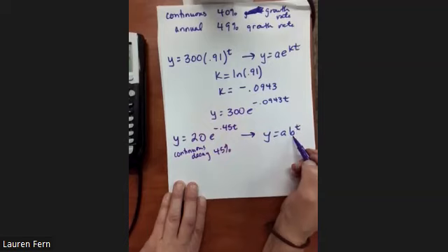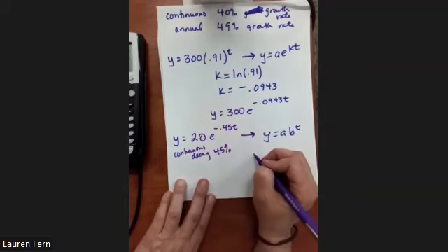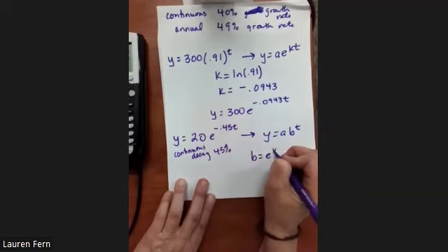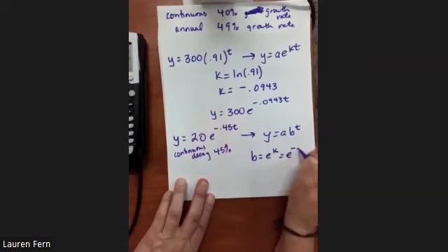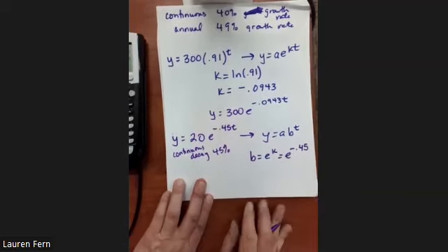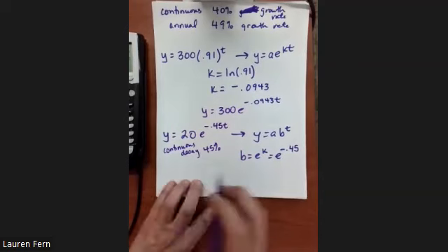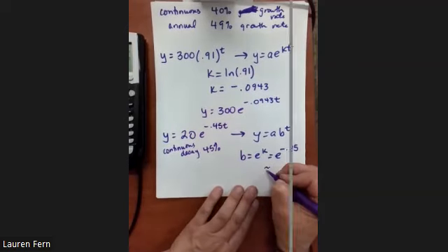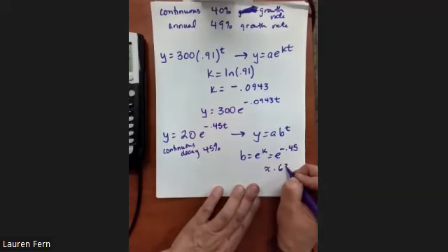How do I get my value of b? b is e to the k. In other words, we just compute e to the negative 0.45. And if you do that, you're going to get about 0.638.